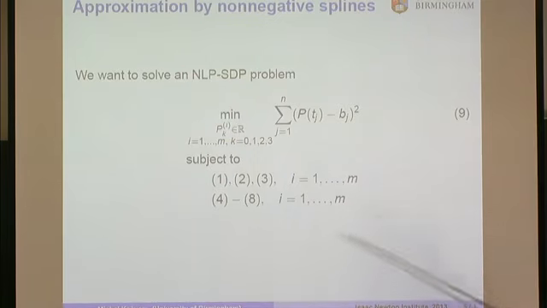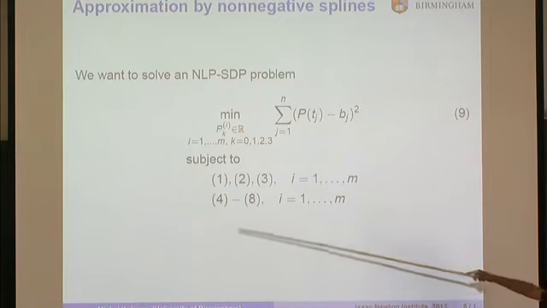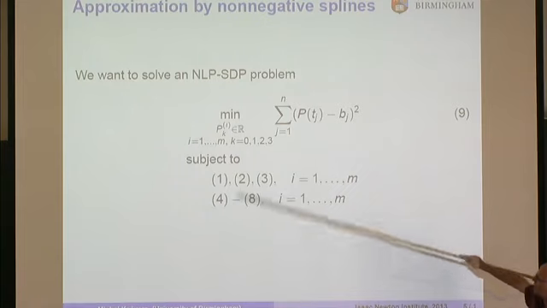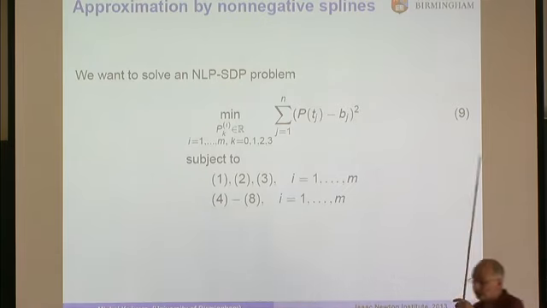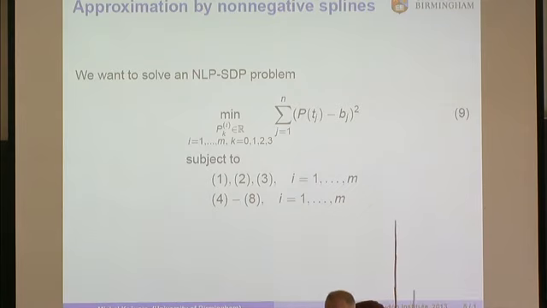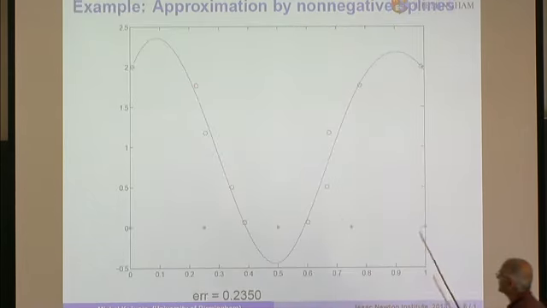So that's another way how to get nonlinear SDP. All that, well, no, the matrices are linear, but then we have some nonlinearity here. So again, it's a nonlinear SDP, and here is just an example to show that it indeed works as expected.